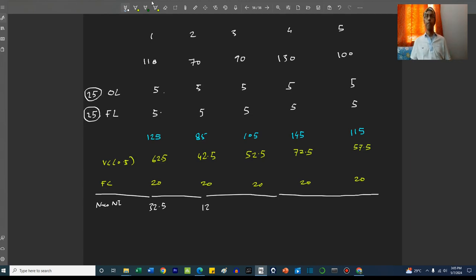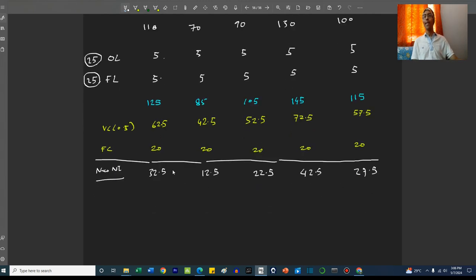This is 12.5. 22.5. 42.5. 27.5. These are the new net incomes.